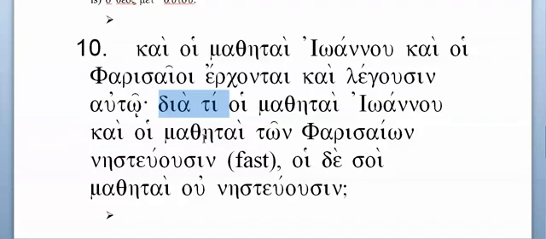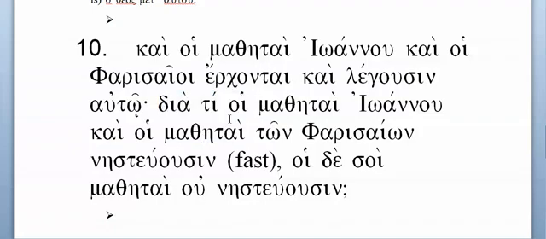But literally something like because of why or because of what. So you'd be okay to do why or for what reason. That would be a perfectly fine translation in this scenario.